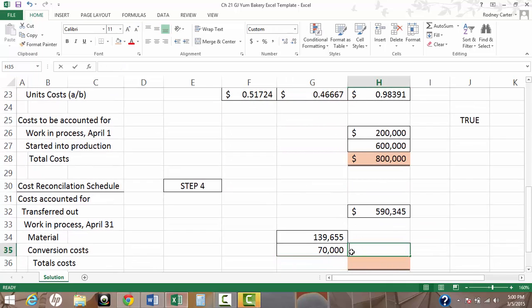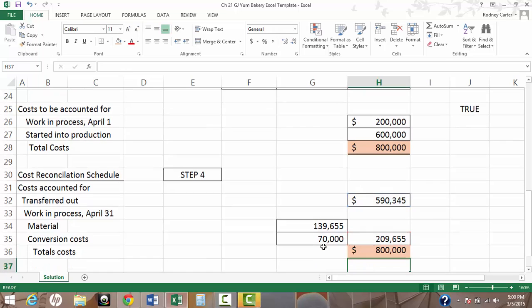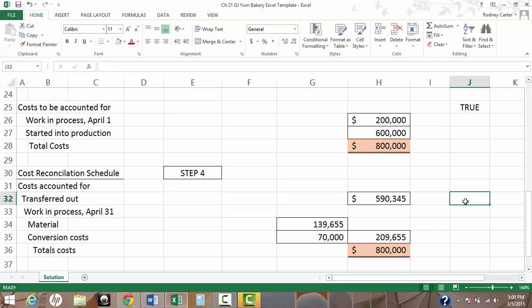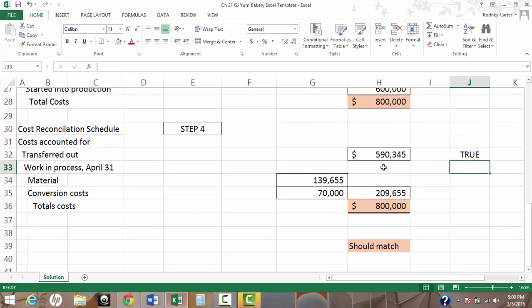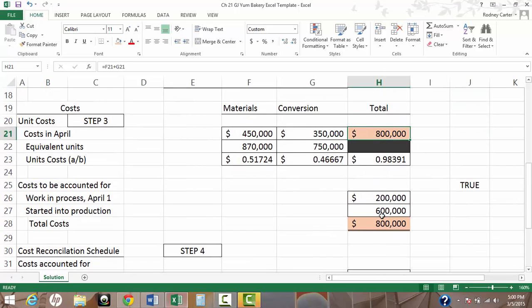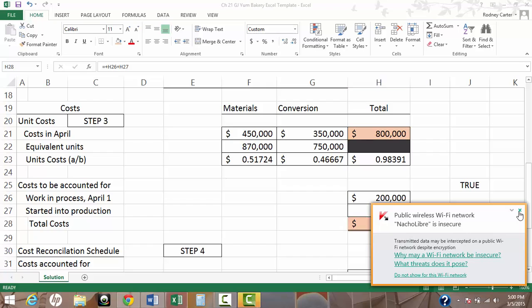If I add these together, this is now the dollar value in WIP at the end of the month. And if I add these two together, the transferred out dollars that were transferred to baking and the WIP, I get $800,000, and we match. We've accounted for all of our costs throughout the schedule.